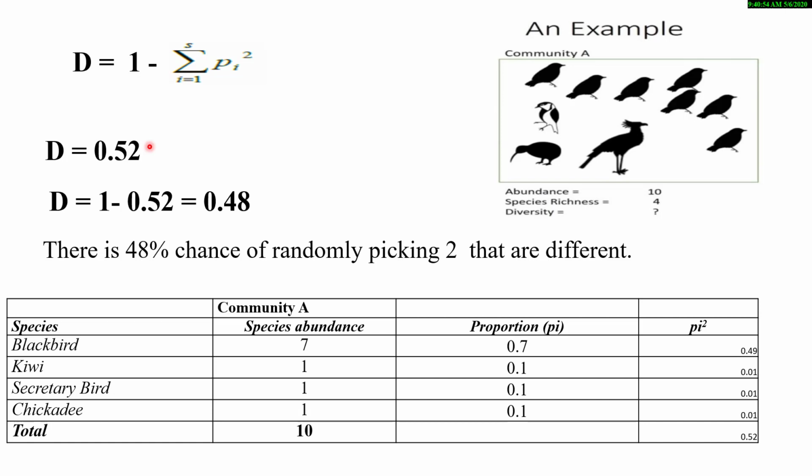So in other words, the larger the figure, the lower the diversity. But I don't want to use this. If you want to use 1 minus D, you have to subtract this value from 1. When you subtract this from 1, you will get 0.48.